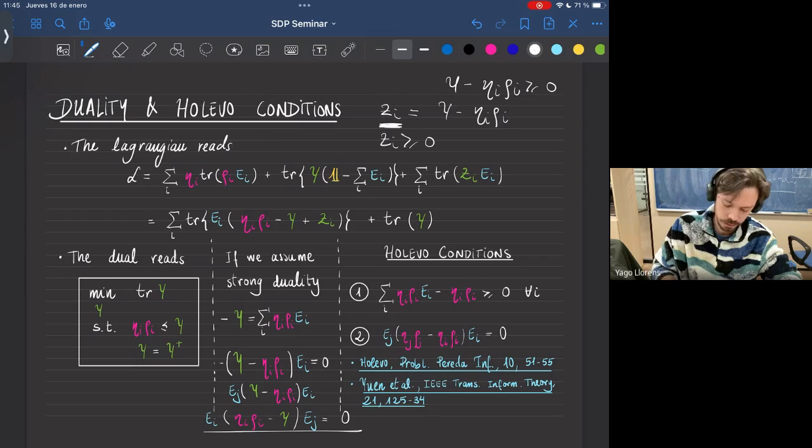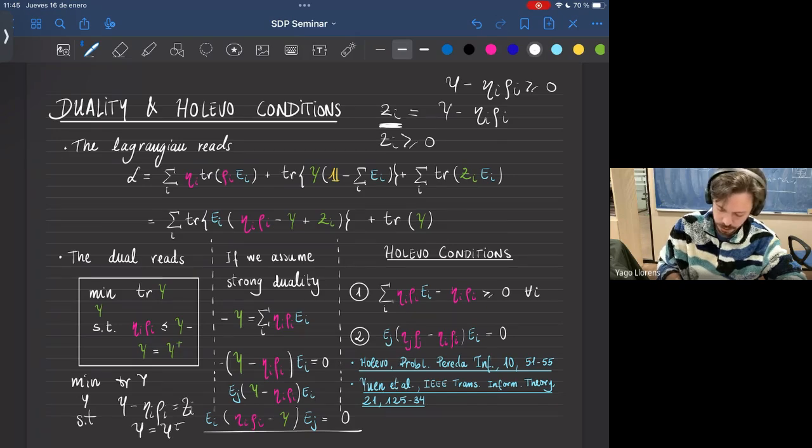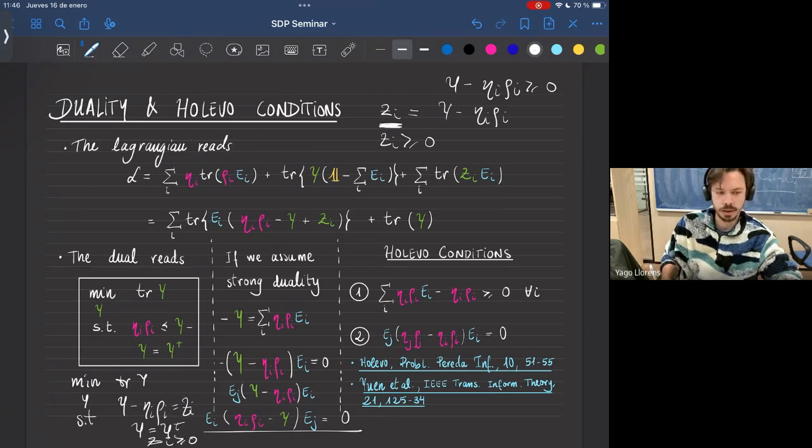If not, you will have to add here the slack variable. Well, I'll write it: minimize the trace of y, subject to y minus eta I rho I equal to Zi, where y is Hermitian and Zi is positive. But you can simplify it a little bit by just assuming that Zi is positive and impose it on the other two variables.